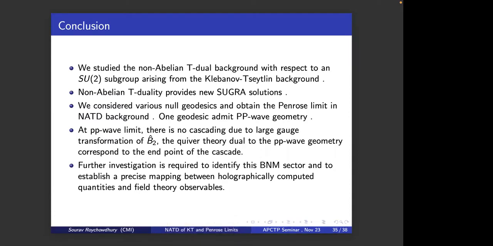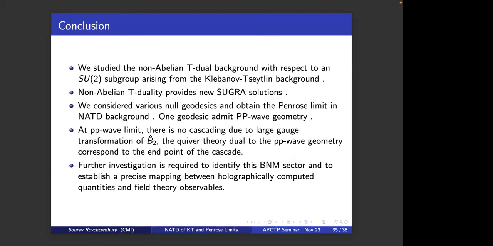We end up with a PP-wave geometry which carries angular momentum. Our understanding is that at the PP-wave limit there is no cascading, because the PP-wave sits at the end point of the cascade.